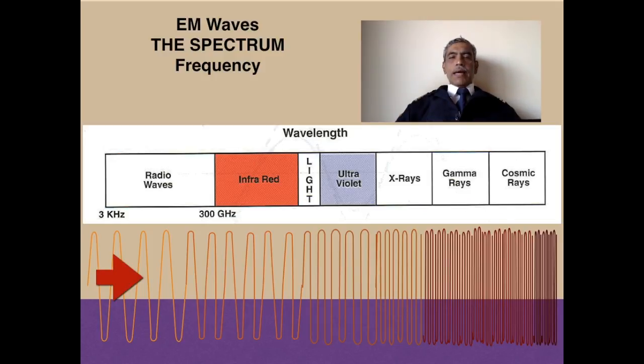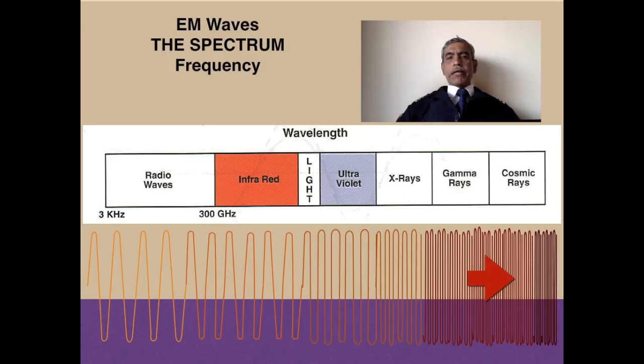Now when we get beyond radio waves, we come across something called the infrared band, and then as the frequency increases, the visible light band, and beyond light, the ultraviolet, and further beyond ultraviolet the X-rays, followed by gamma rays, and at the end of the spectrum the cosmic rays.